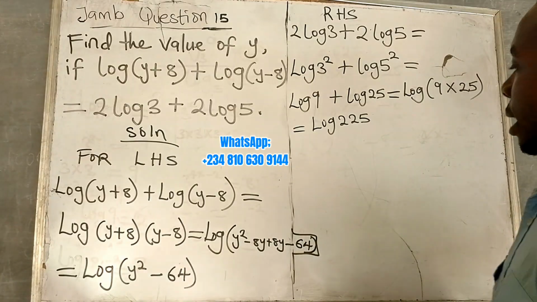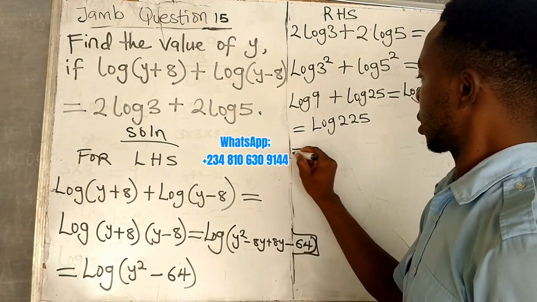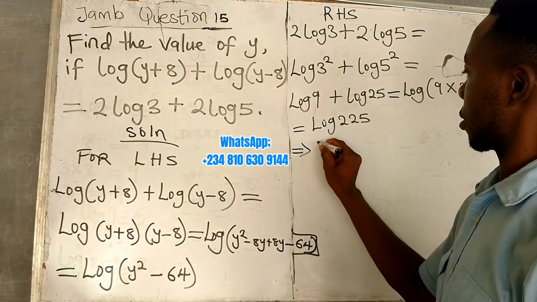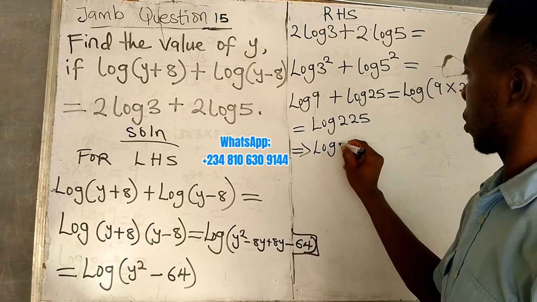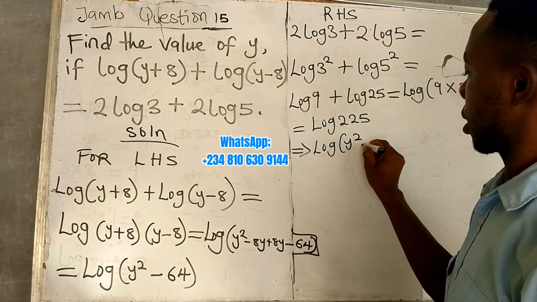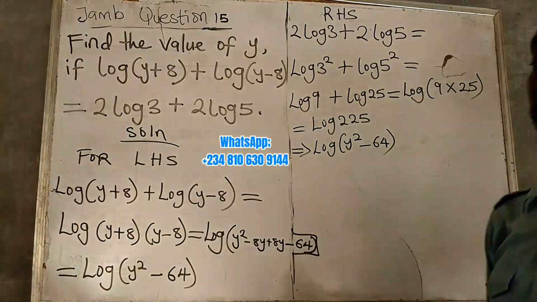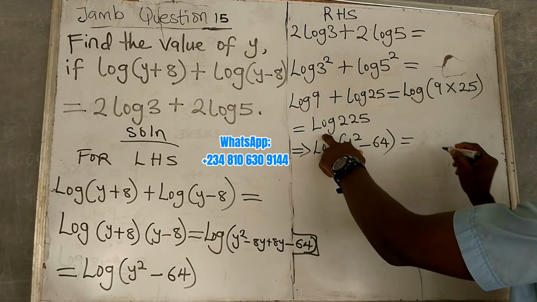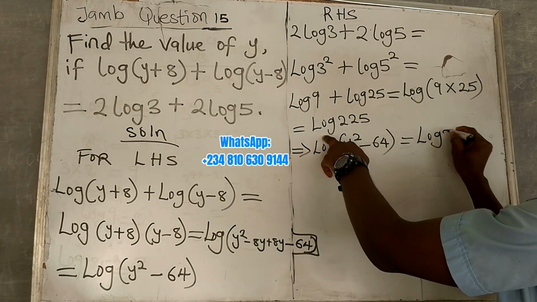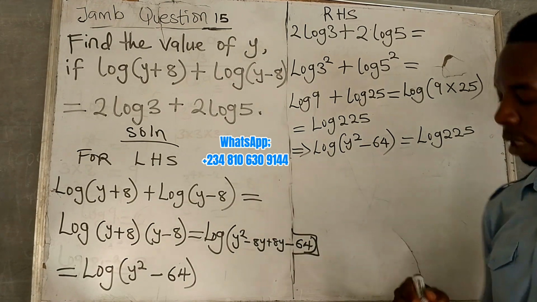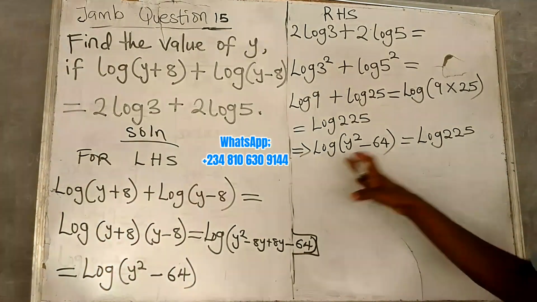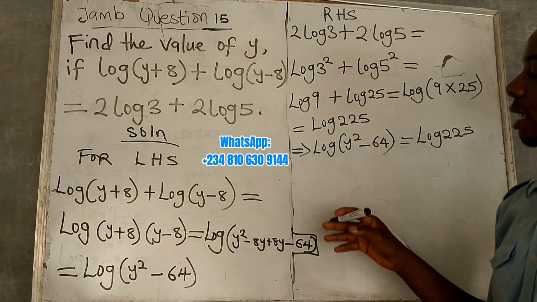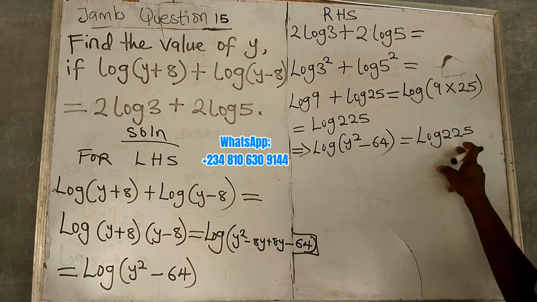Right? Now this is the left-hand side, while this is the right-hand side. Now we bring them together. So this implies that what we have together is log (y squared minus 64) equal to log 225. If you look at the left-hand side and right-hand side, they have something in common, which is log.